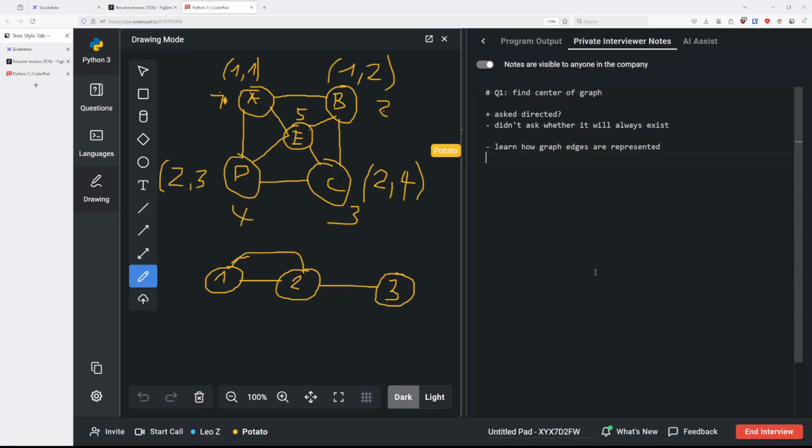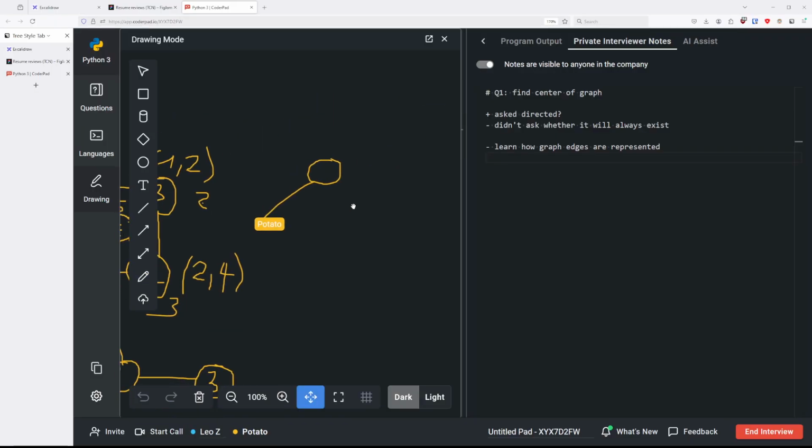If we look at another example, a graph like this, with 1, 2, 3, node 1 also connects to node 2, and node 1 also connects to node 3. So let's connect to every other node.